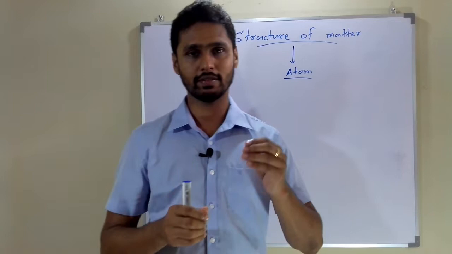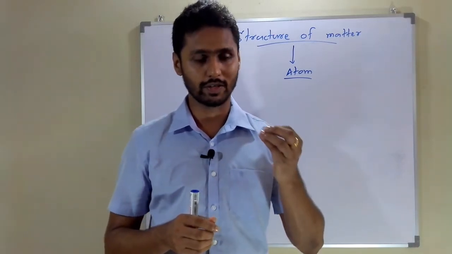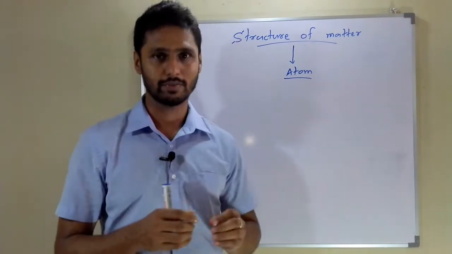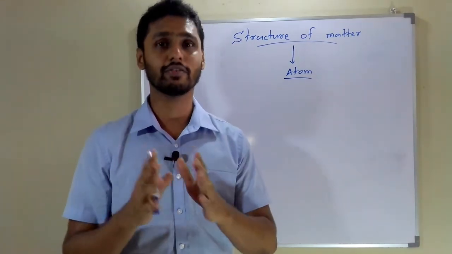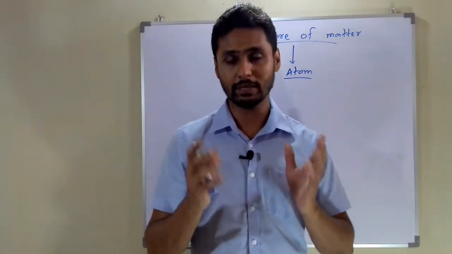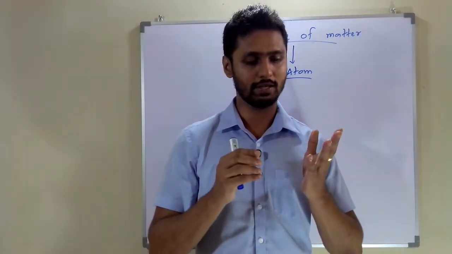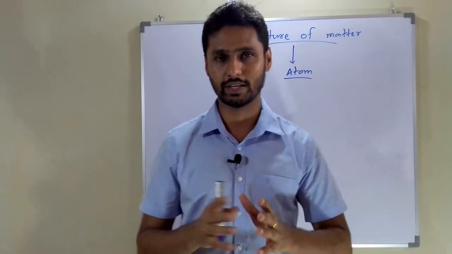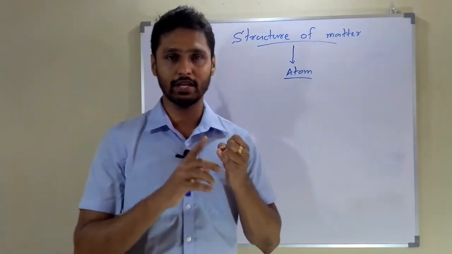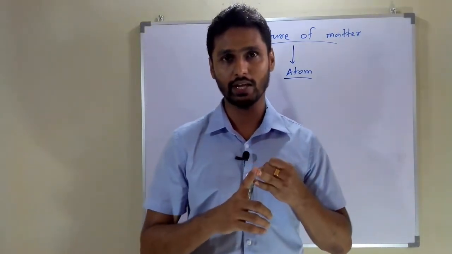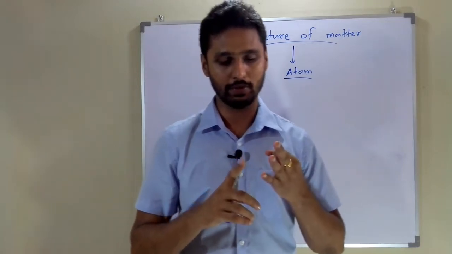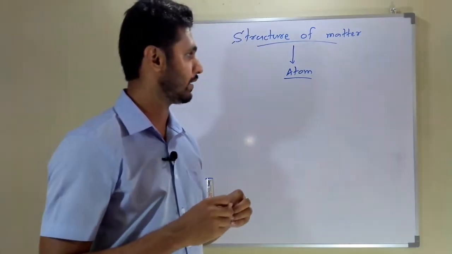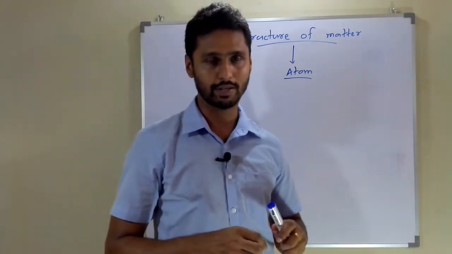That means there are small particles in an atom. That means different parts of an atom. There are three main parts. That means there are three main subatomic particles in an atom, namely electrons, protons and neutrons. Electrons, protons and neutrons. So these are the subatomic particles.